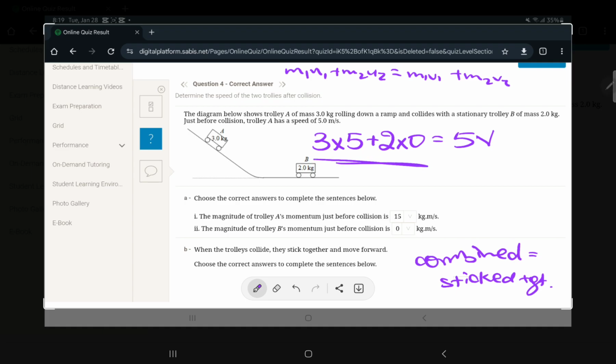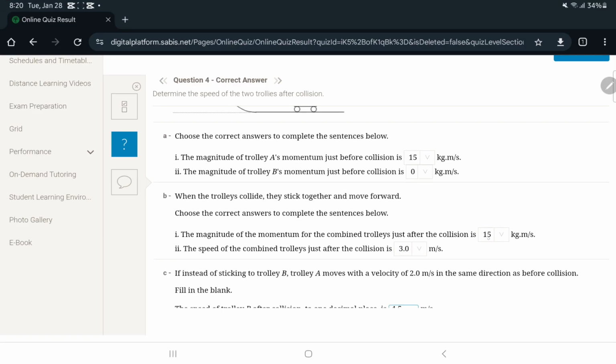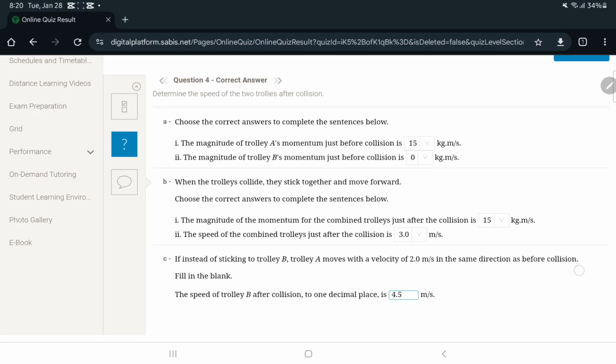So if the momentum before was 15, so 15 plus 0, which is 15, it will also be the same after. And then after, they were asking for the velocity. So if we add this together, we get 15, of course, and that is equal to 5v. v is equal to 3. So the velocity of the combined trolleys is going to be equal to 3, and we have 15 here.